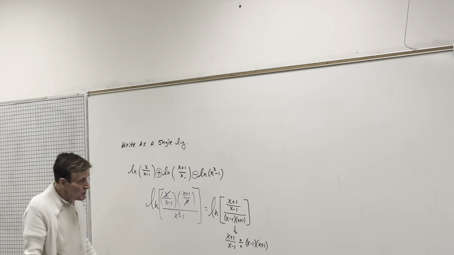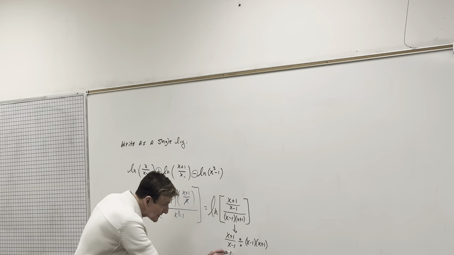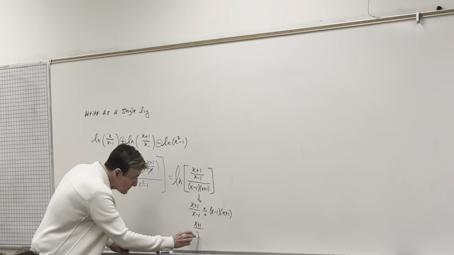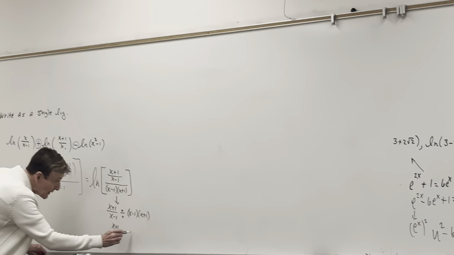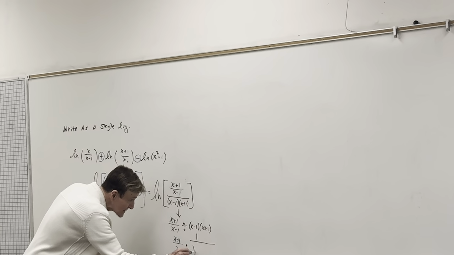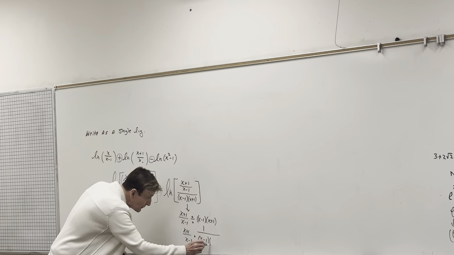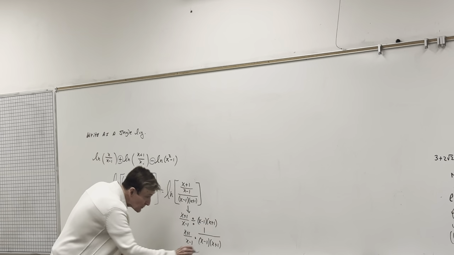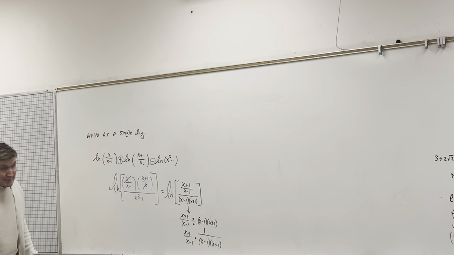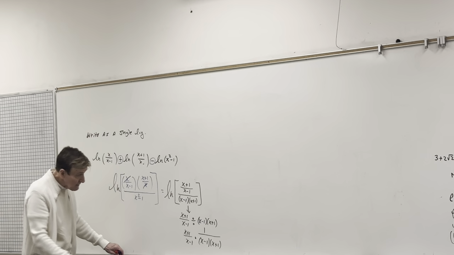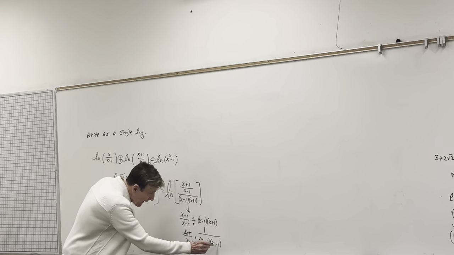And then to divide, you know how to divide here. You're going to do it as x plus 1 over x minus 1 times what? 1 over this. At this point. Yes or no? Canceling? Oh, I see, x plus 1's cancel out.